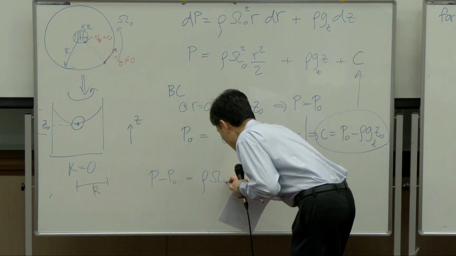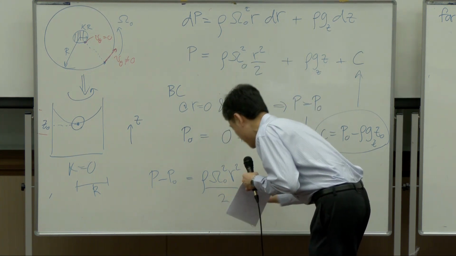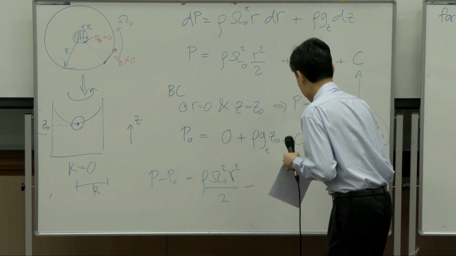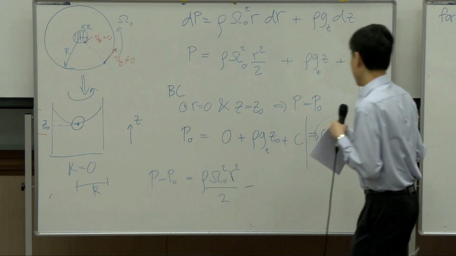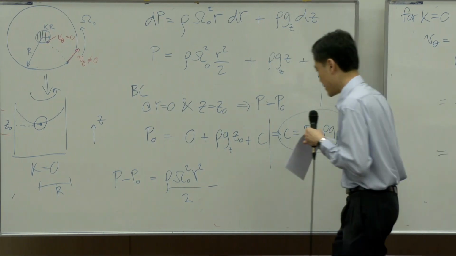rho omega squared r squared over 2 minus, you have rho g as a common term. I can take it out.